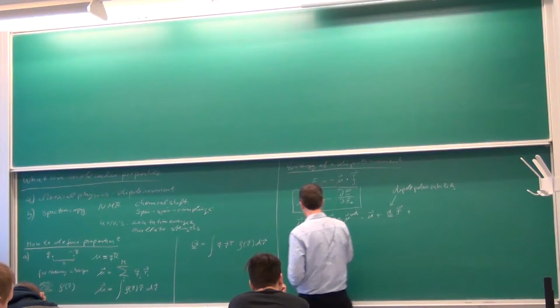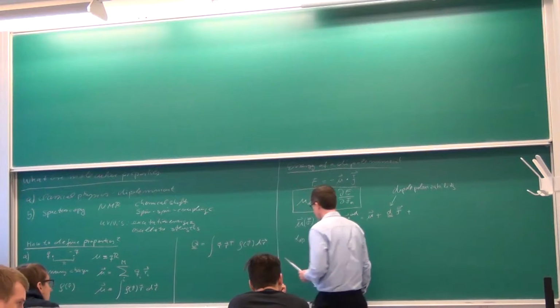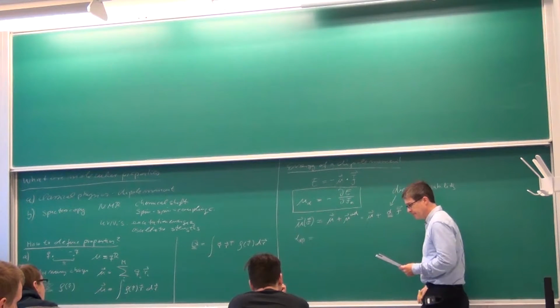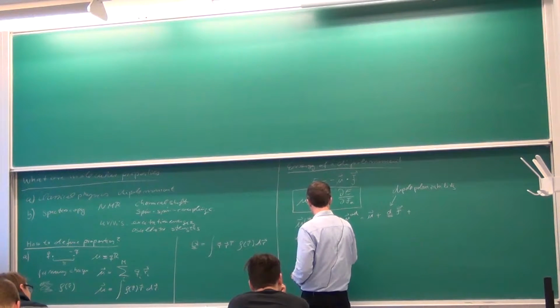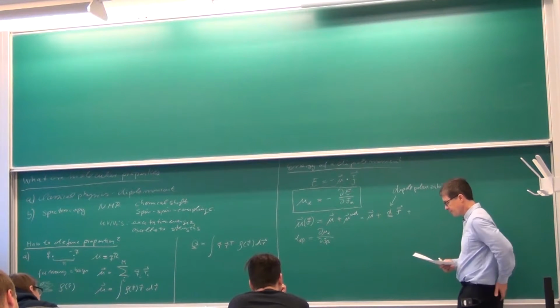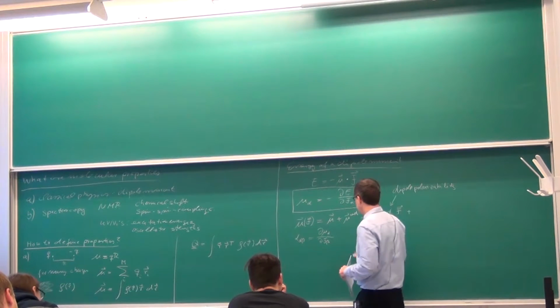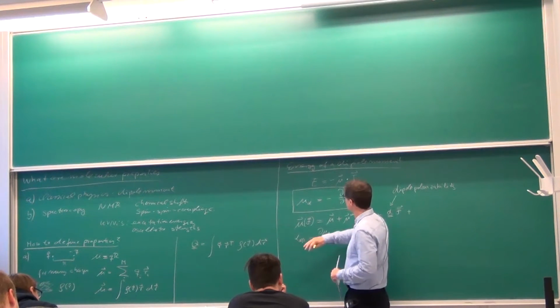Now you can see that the alpha-beta component, x, y, whatever, of the polarizability is the derivative of the alpha component of the dipole moment with respect to the field in the beta direction. And then we can go a step further and relate the polarizability to the energy.